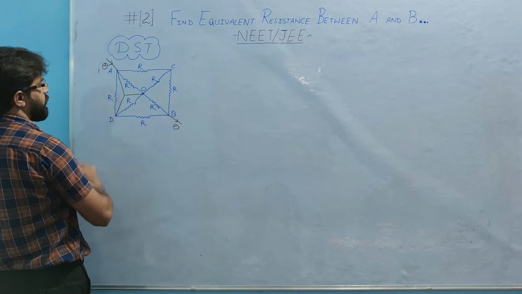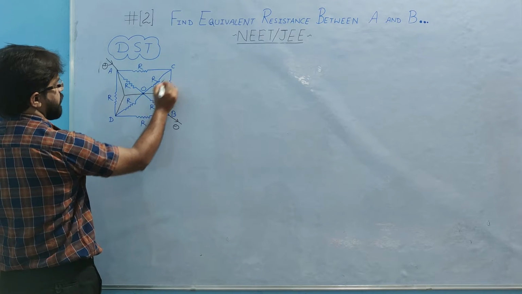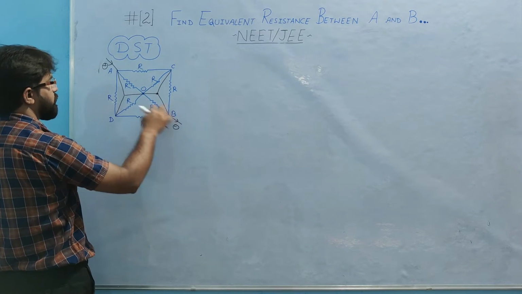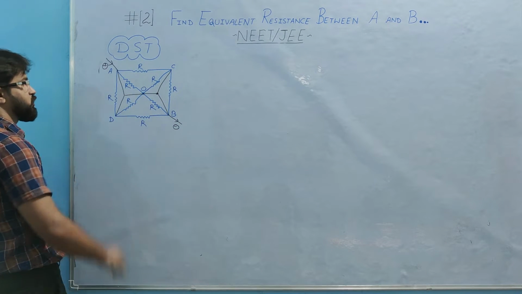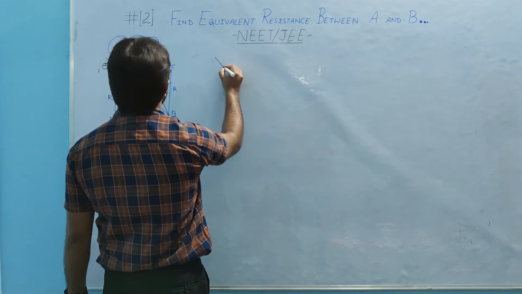This delta I am converting. In the same way, this delta I am converting. Delta means triangle. COB I am converting into star, AOD also. So the new circuit would look like this.